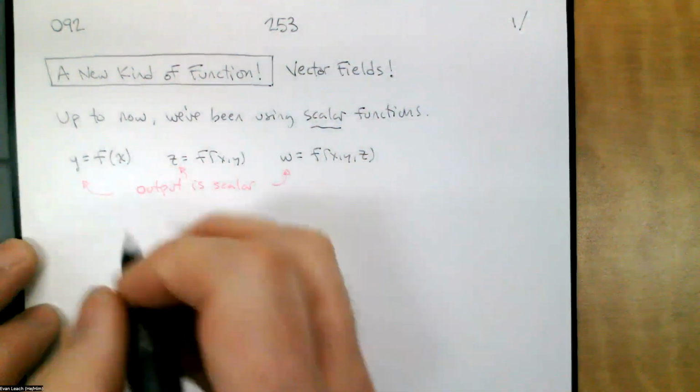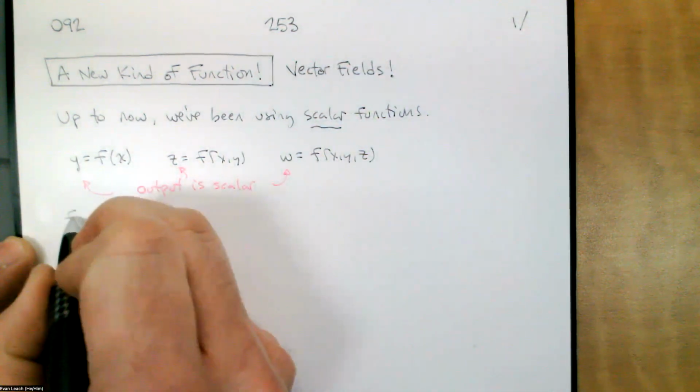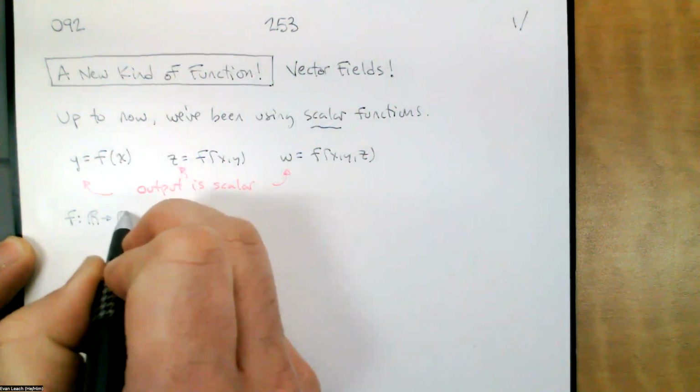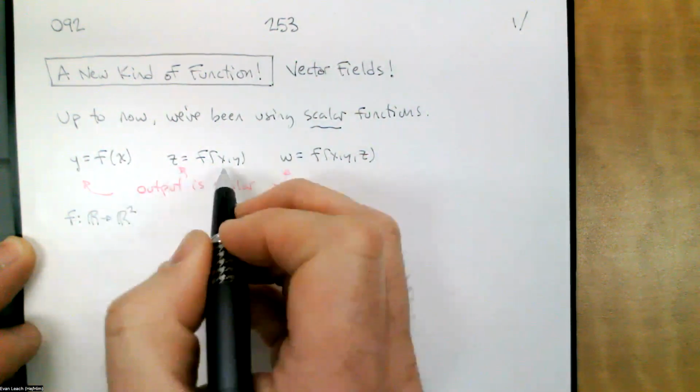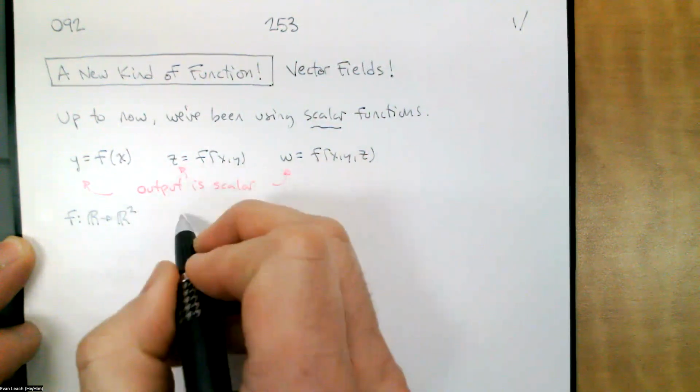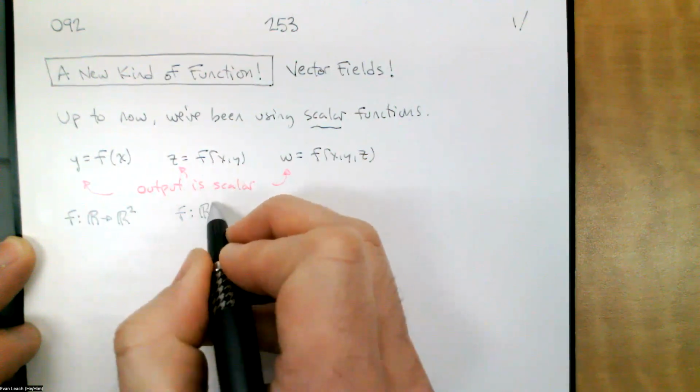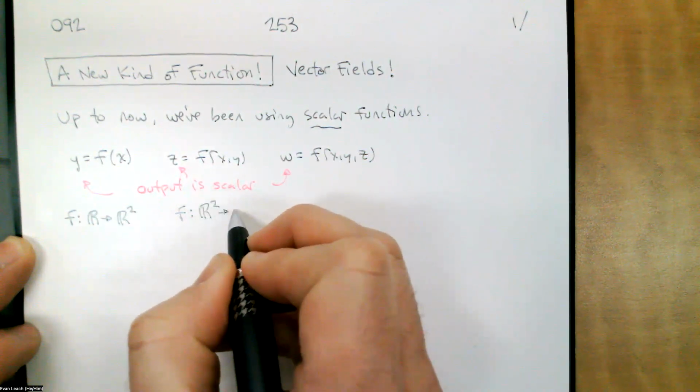Our function has been a map from the real numbers to the real numbers. For here, if f of x, y is equal to z, our function maps R2 to the real numbers.